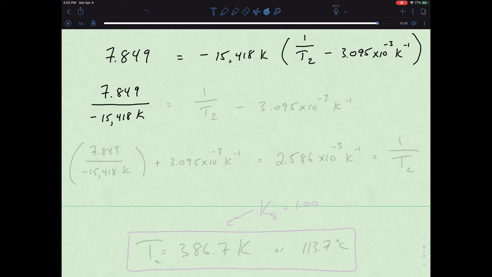And so that's going to then equal 1 over T2 minus that 3.095 times 10 to the negative third Kelvin to the minus 1.